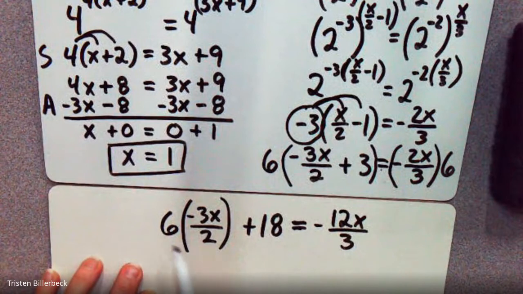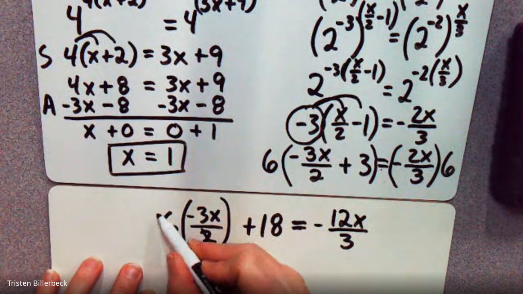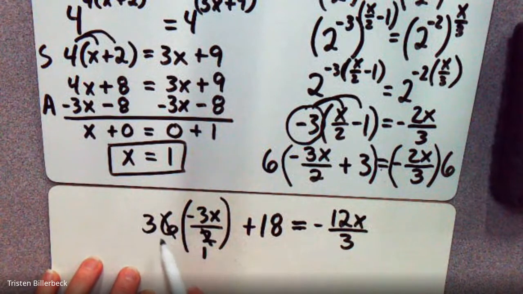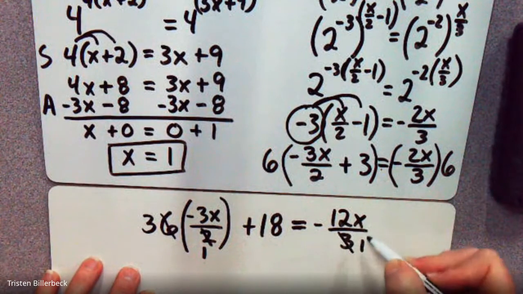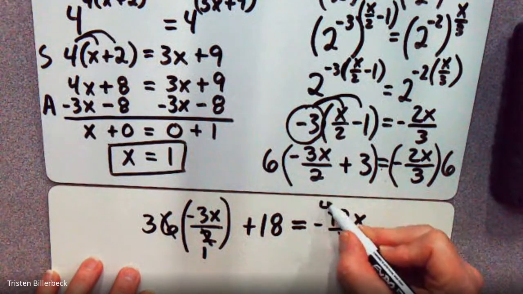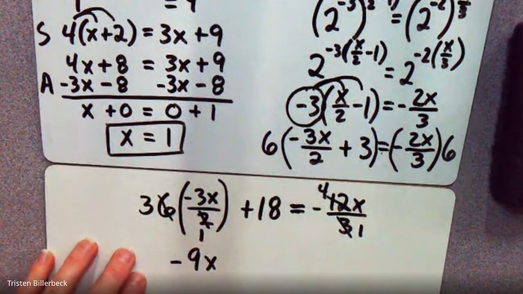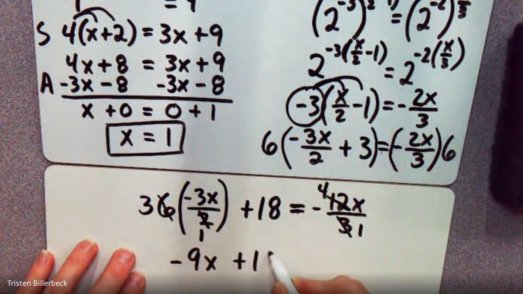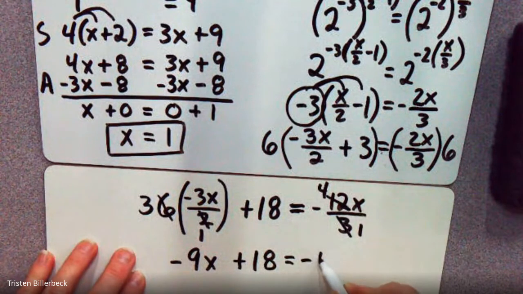All right, so we can reduce this fraction here by dividing 2 by 2 and 6 by 3. And we can reduce this by dividing 12 by 3, making that a 1 and this a 4. So then we have 3 times negative 3 is negative 9x. And now no denominator, yay! Okay, now we have plus 18 here equals, and then this is just going to be negative 4x.